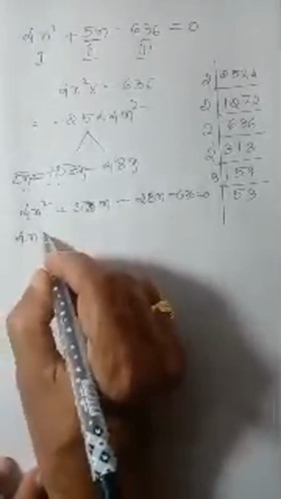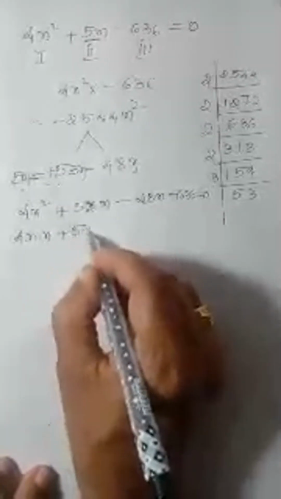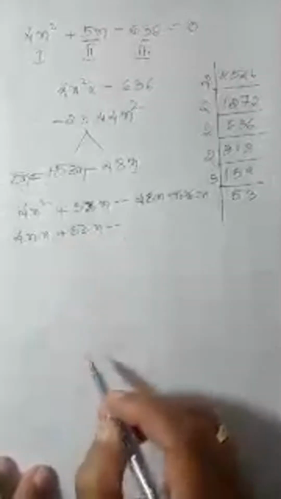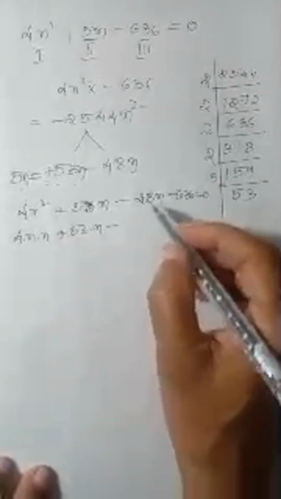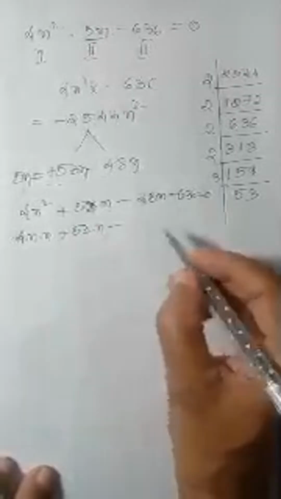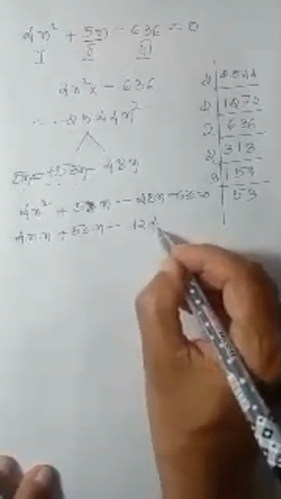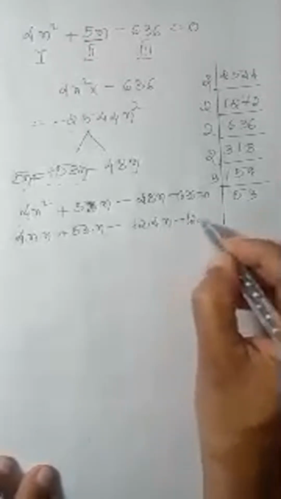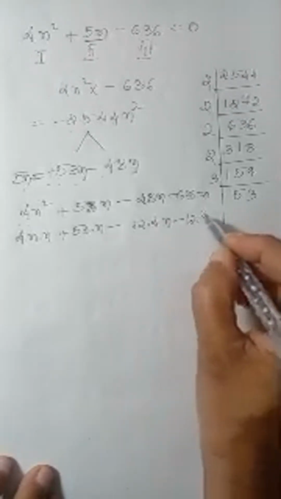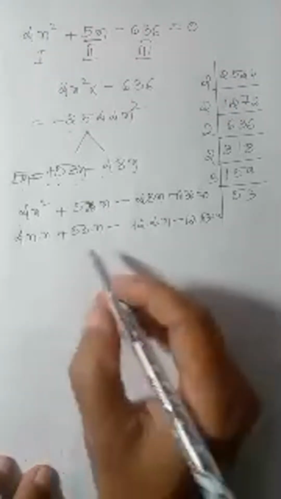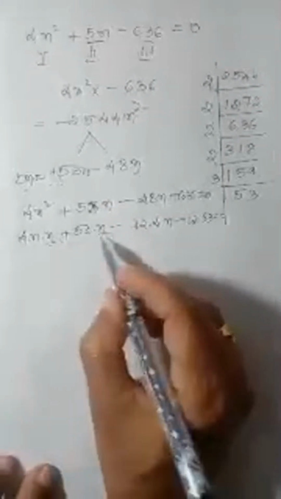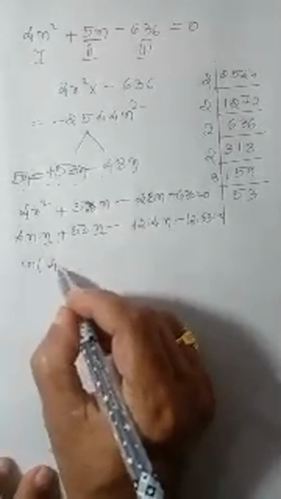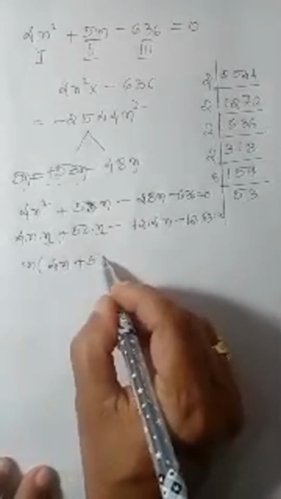Numbers cannot be taken as common, only the variable taken as common. 4 into n plus 53 into n minus 12 into 4 into n. Now I want to take n as common. If you take n as common, inside the bracket 4n plus 53.